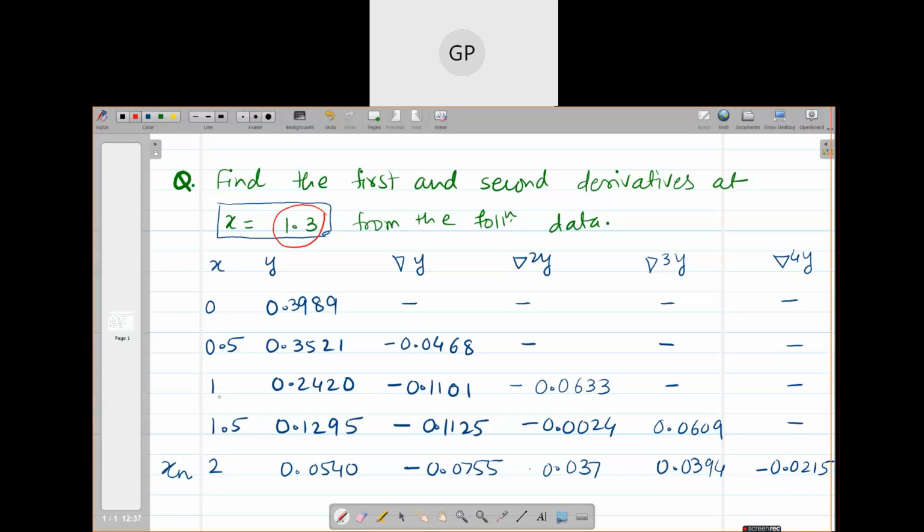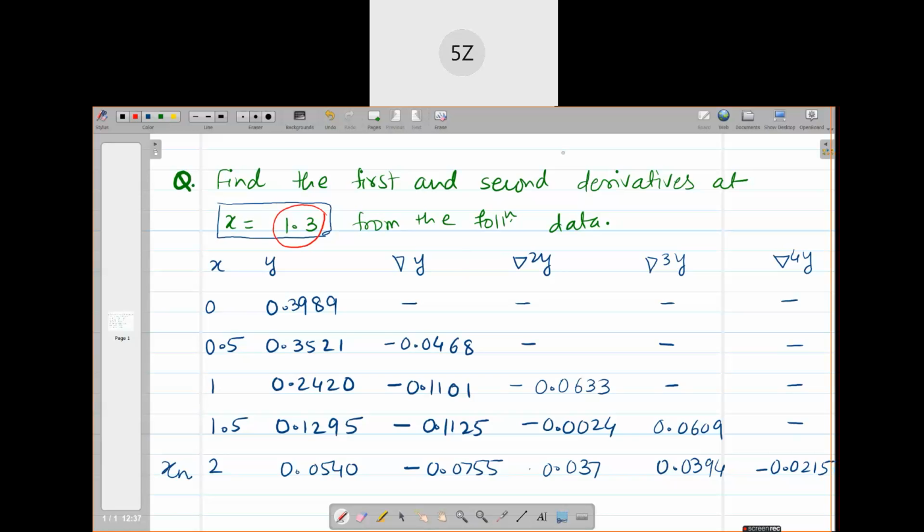Do you understand this? Is it there in the table actually? 1.3? No. So you will keep 1.3 as x and you will keep 2 as your xn. You will not keep x equal to xn equal to 1.3. Do you understand the difference between this problem and the previous one?